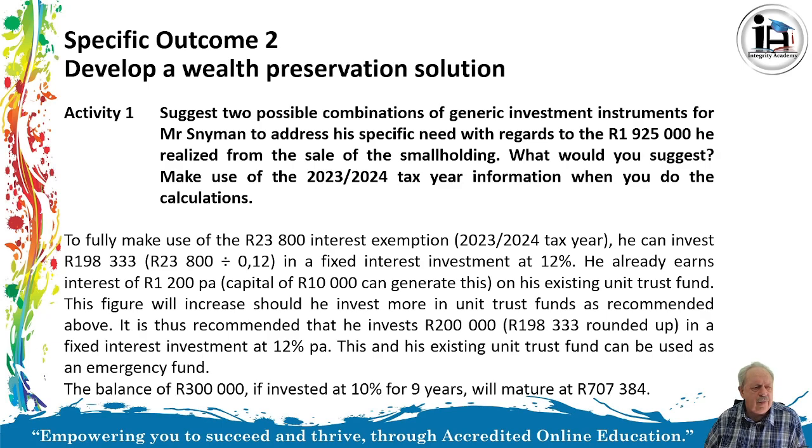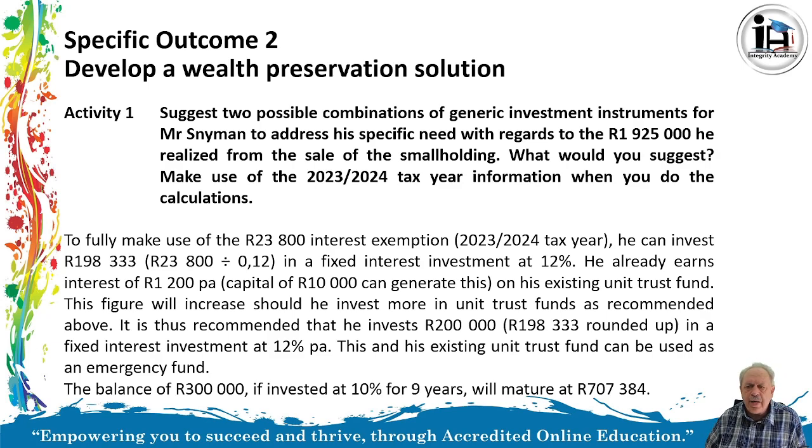This figure, it is thus recommended that he invest about 200,000. We've rounded up to 198,333 in a fixed interest investment of, say, about 12% per annum. That's if you can get an investment at that interest rate. His existing unit trust can be used as an emergency fund.